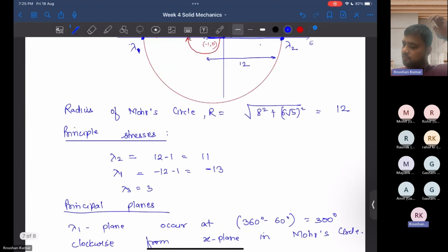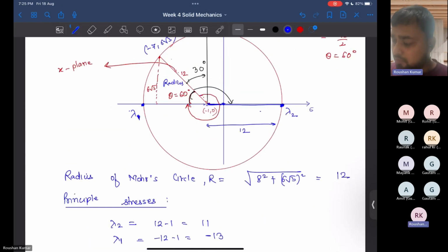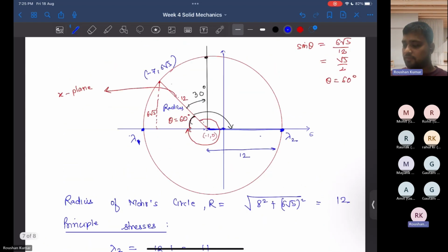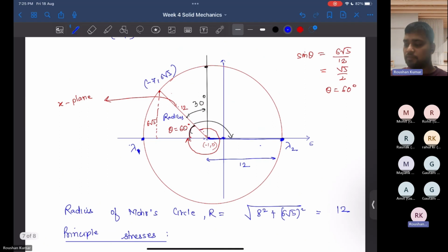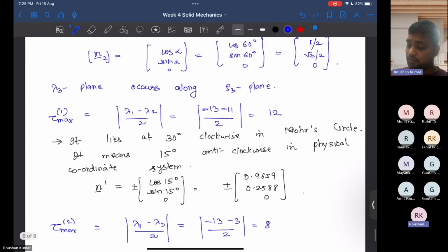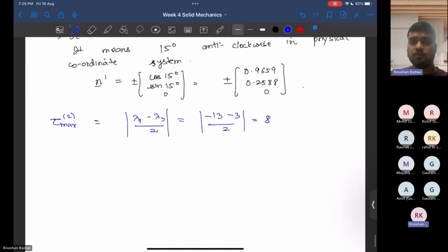So here we know the value of lambda 1 and lambda 2 plane. Through this we can find out the maximum shear stress value at the lambda 1 and lambda 2 plane.